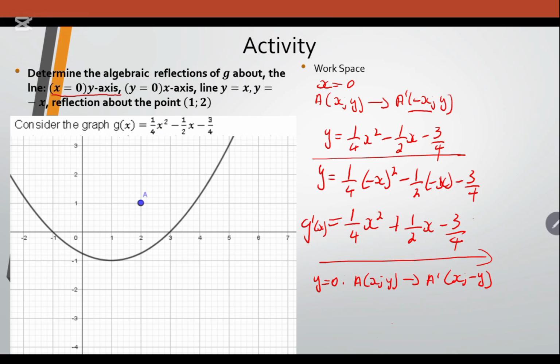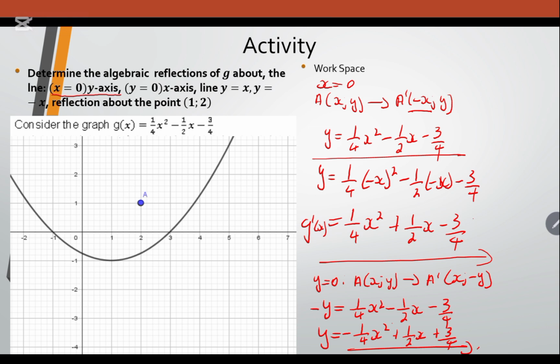So we simply multiply y by negative 1. So that is negative y is equal to 1 over 4 x squared minus 1 over 2 x minus 3 over 4. And therefore we make y the subject, we divide every term by negative 1. So this is y is equal to negative 1 over 4 x squared plus 1 over 2 x plus 3 over 4. So this will be the equation of this graph being reflected about the x-axis.